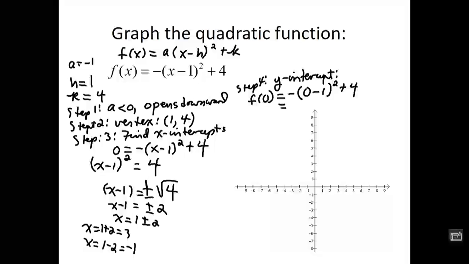Simplifying this, I get minus (negative 1) squared, which is minus 1, plus 4. Negative 1 plus 4 is 3. So the y-intercept is at (0, 3). And the last step is to find the axis of symmetry.